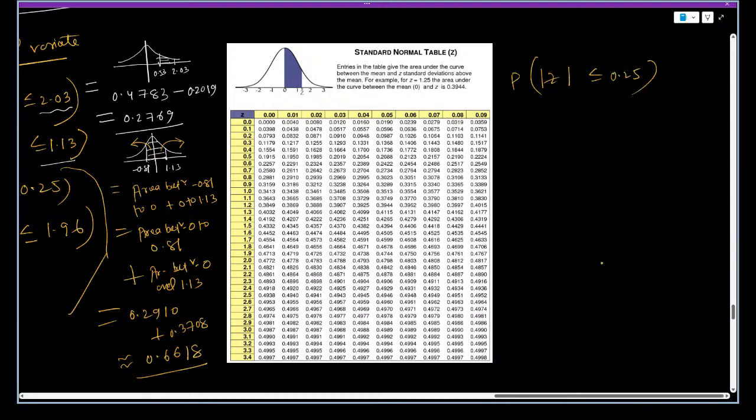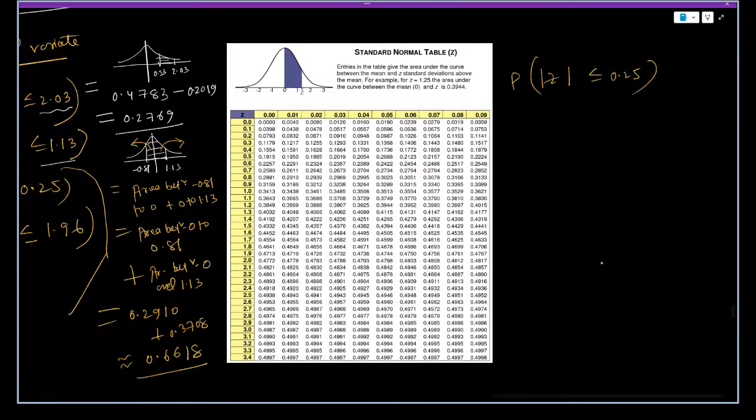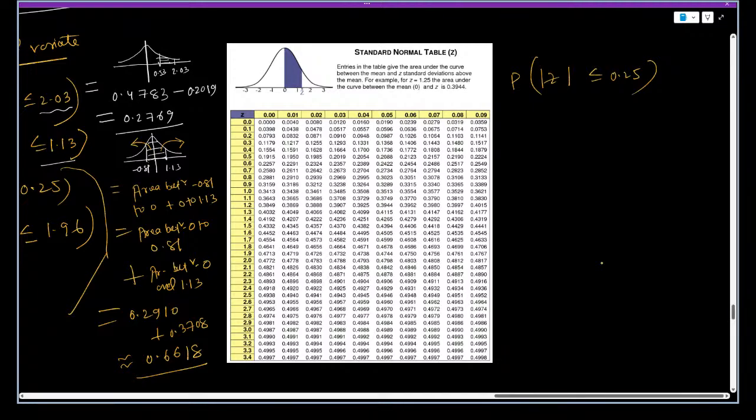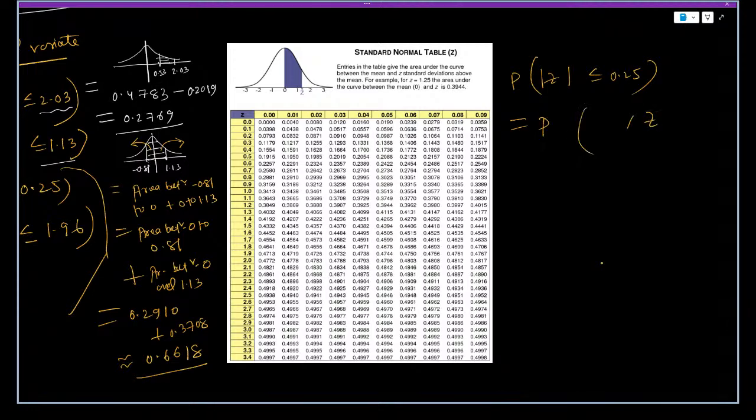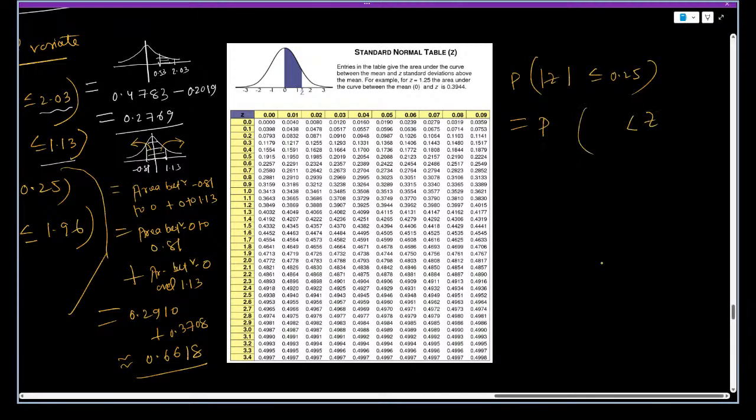How to find it? As I reminded you, this is equal to P of z greater than minus 0.25 and less than 0.25.